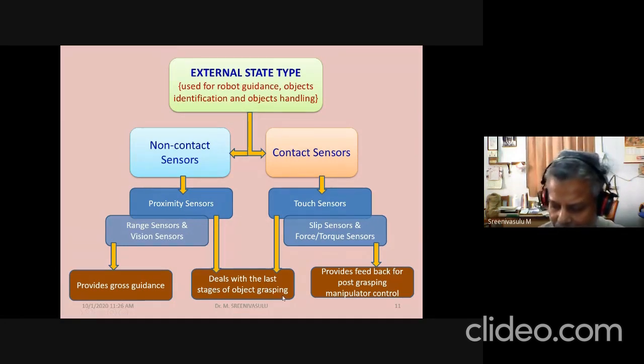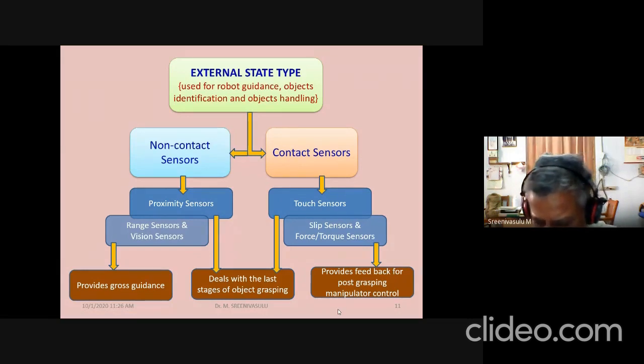Before the object you want to grasp has been grasped, we are going to sense that, and that sensing is done with the support of proximity sensors and touch sensors. The slip sensors and force or torque sensors provide the feedback for post grasping as well as for manipulator control.